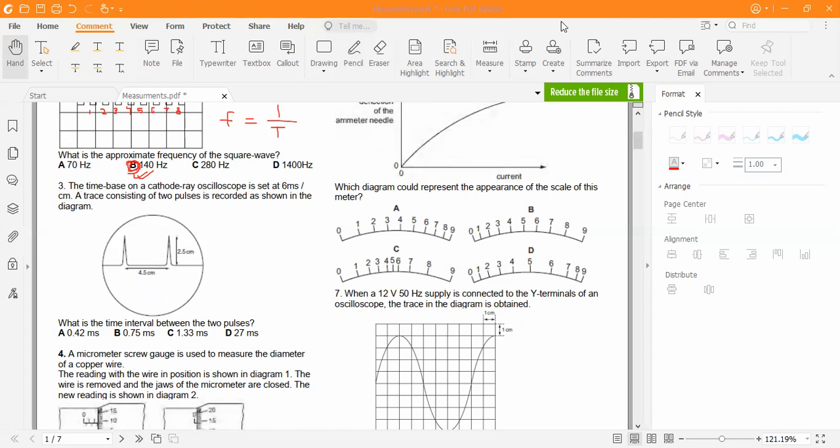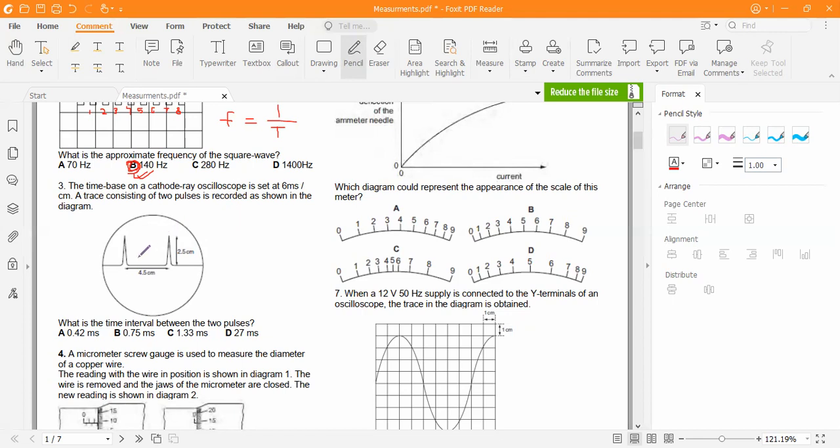The time base setting basically tells you what each centimeter on the oscilloscope, the CRO, represents.